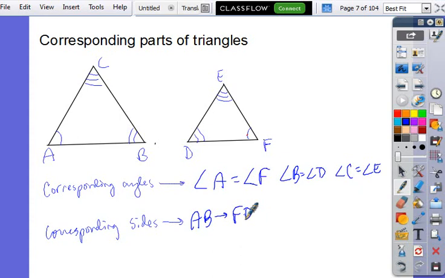F has a 1, D has a 2. Which one does BC correspond to? DE, follow the angles. And then that means AC would have to correspond to FE. Notice they are not the same. I didn't put them equal. Corresponding doesn't mean the same as far as length goes, it means the same as far as angles goes.